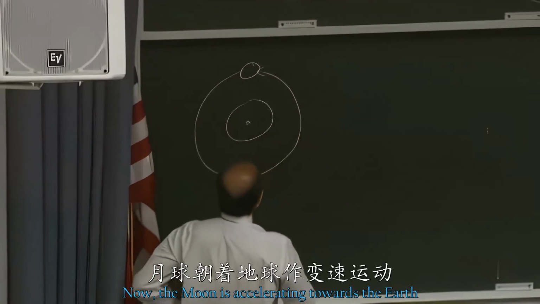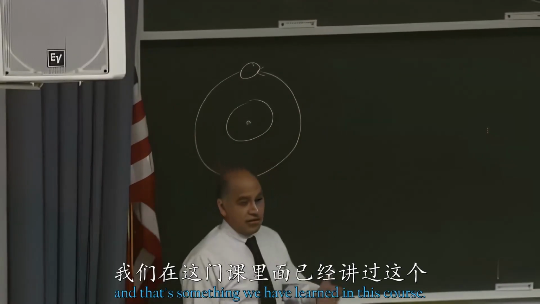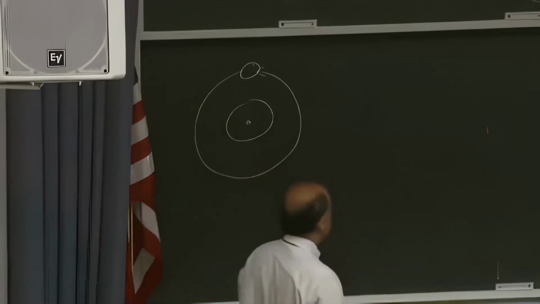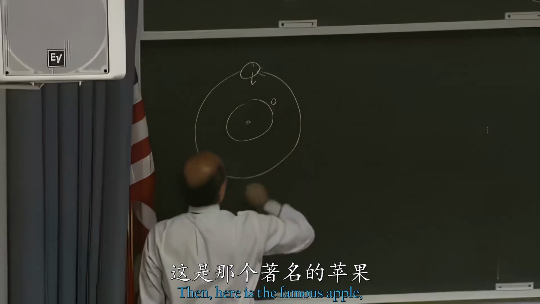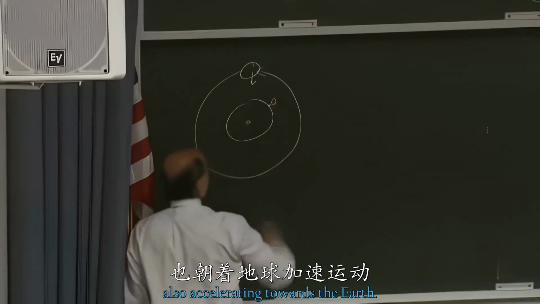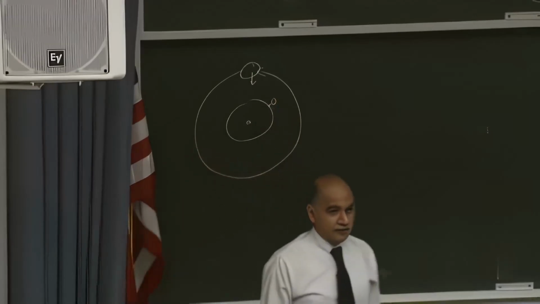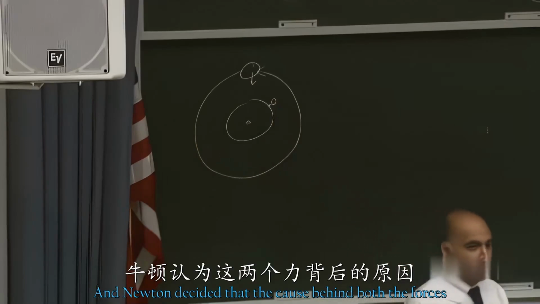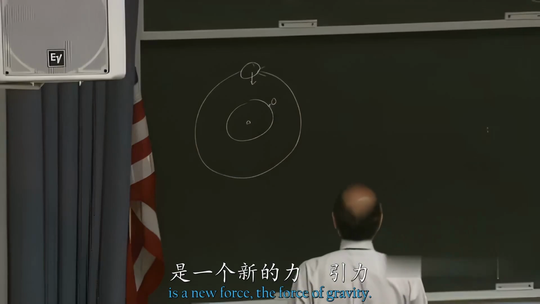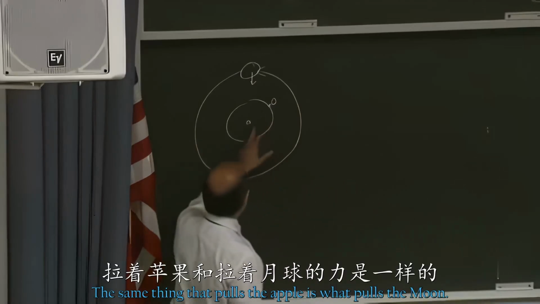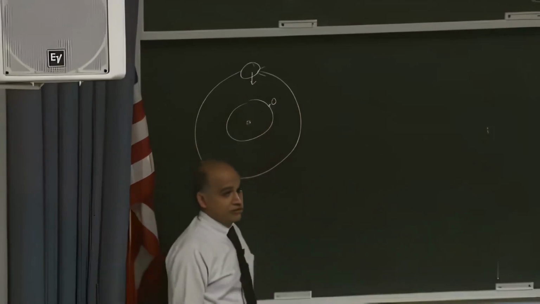Now the moon is accelerating towards the earth, and that's something we have learned in this course. Then here is the famous apple, also accelerating towards the earth. And Newton decided that the cause behind both the forces is a new force, the force of gravity, the same thing that pulls the apple as what pulls the moon.